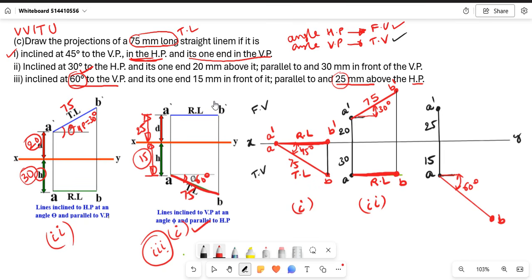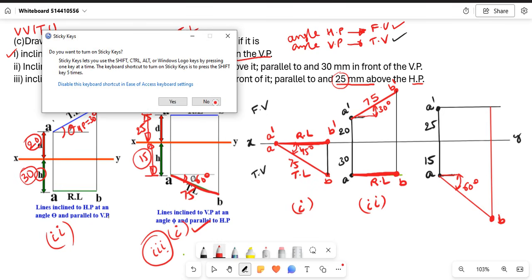Now draw the projections. We know that in the front view the image is parallel, but we don't know the reduced length here. Just draw the parallel lightly. And because B dash lies on the same line, draw the projector from B. It will meet the parallel somewhere here.